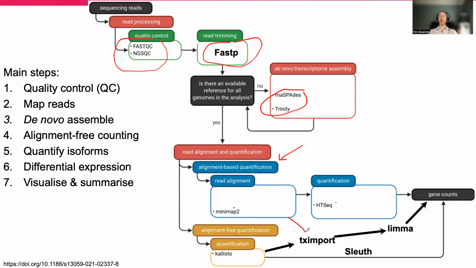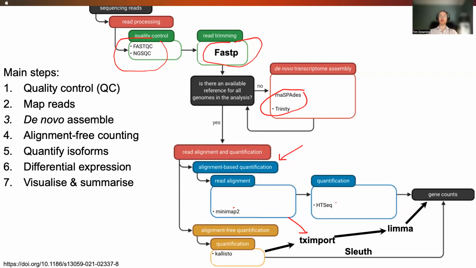Optionally, that can also use TX import or Limma as well. And then we go for alignment-free quantification via Kallisto and the sleuth pathway, or Kallisto to use TX import to then model that with Limma too. So there are different pathways here, and what we list here are only effective tools that are likely to be used in future years.